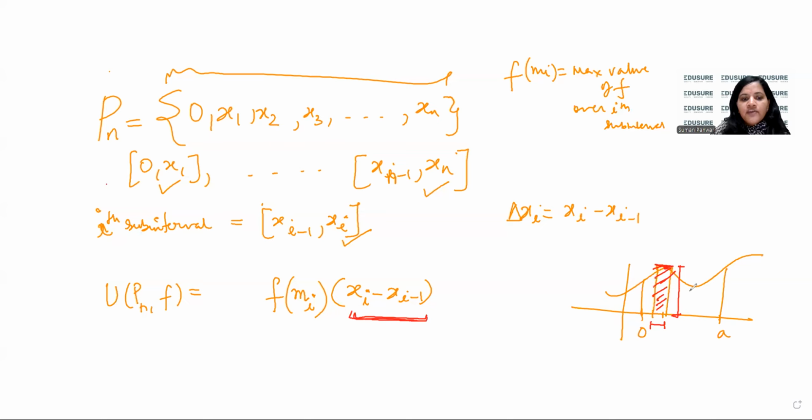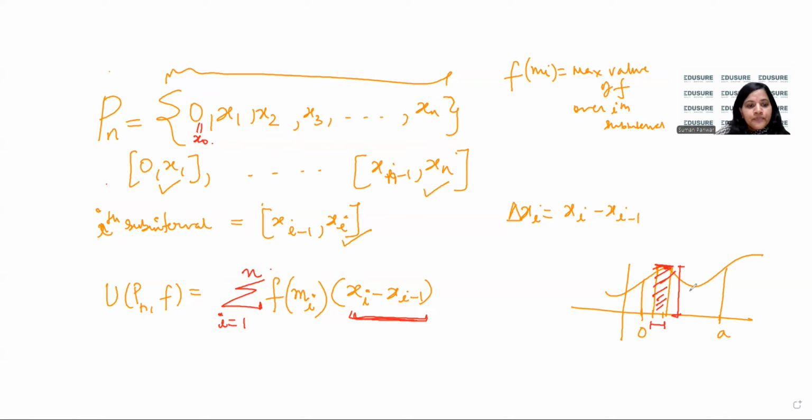So this way we are going to start with i equals 1, and we will go till n. So summation i going from 1 to n, f of Mi times xi minus xi minus 1.